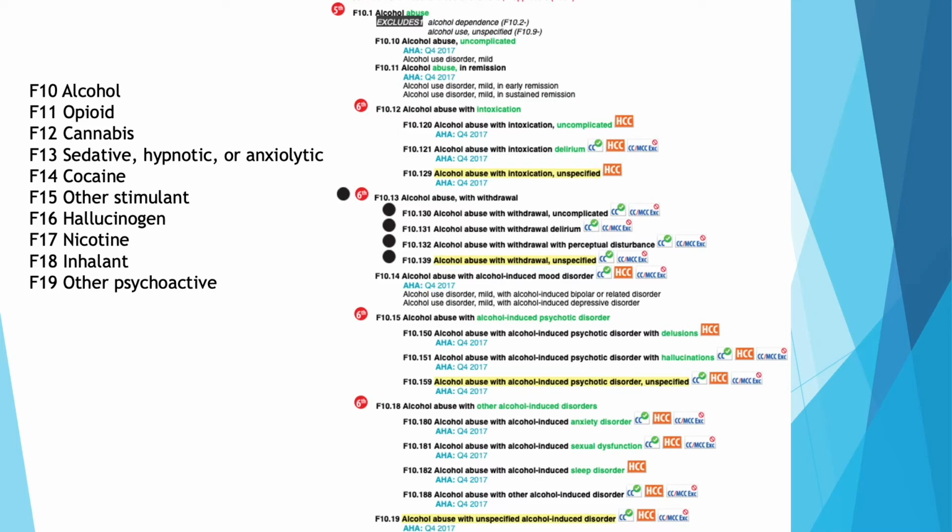Because all of the F10 through F19 have the same format, I'm only showing you F10 here, since the others are carbon copies.